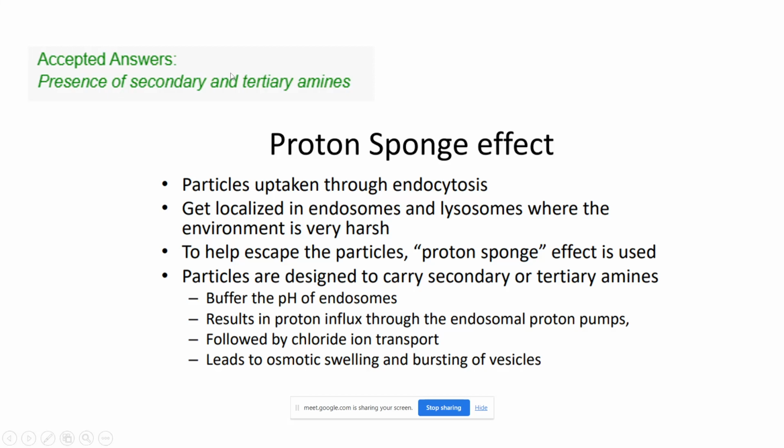So you can design particles with secondary and tertiary amines for this proton sponge effect to escape lysosomal or endosomal compartments.